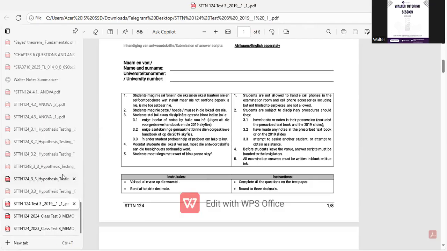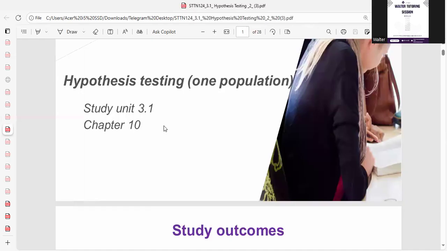Where's 3.1? This is hypothesis testing for one population.